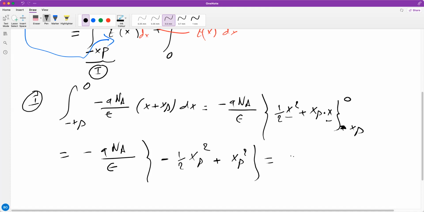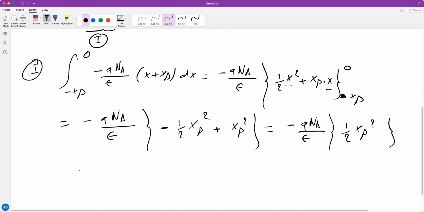Okay, and this gives me minus qNA over epsilon, xp squared minus half xp squared, it gives you 1/2 xp squared. Then it will give me minus qNA over epsilon times 1/2 xp squared.